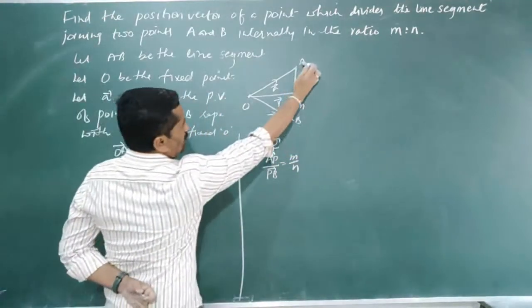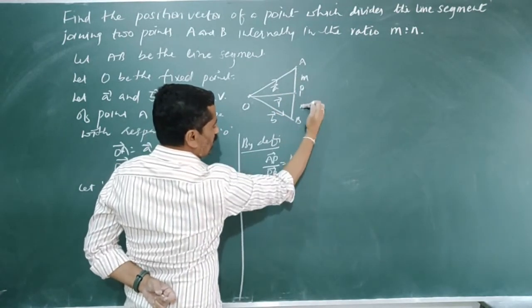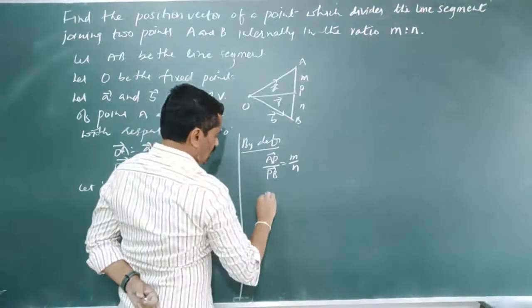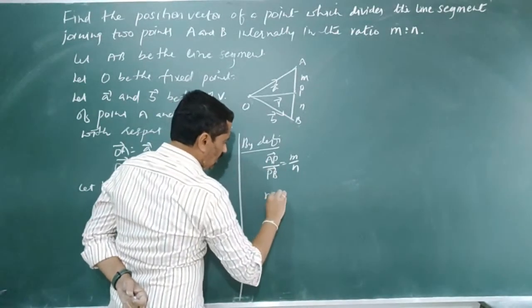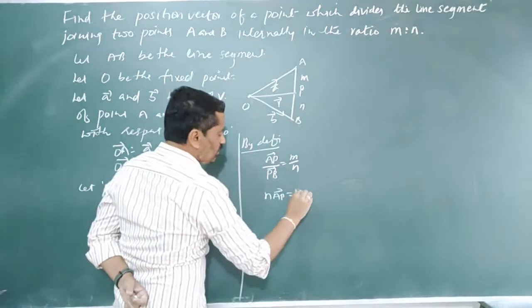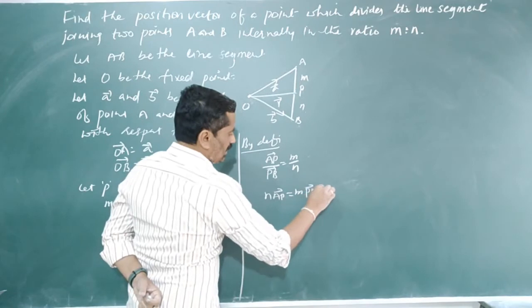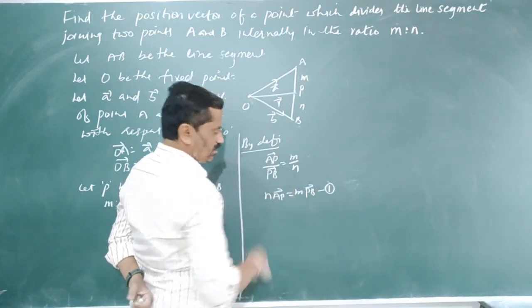So that is AP bar divided by PB bar is equal to m by n. Again cross multiplication, n into AP bar is equal to m into PB bar. Let this equation be 1.